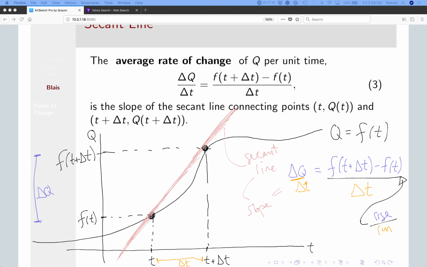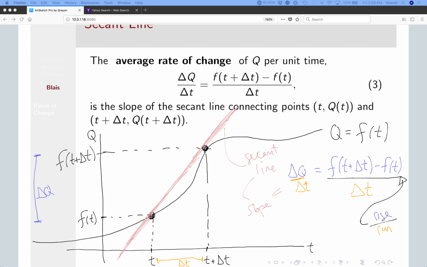So, trying to put this together with our intention to get to an instantaneous rate of change, remember the idea in the previous example was to try to get something closer to an instantaneous rate of change. What we want to do is shrink this delta t interval down.